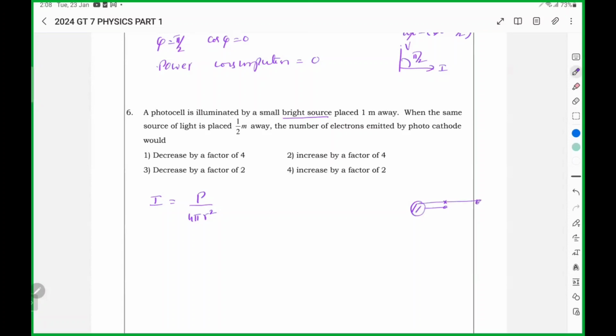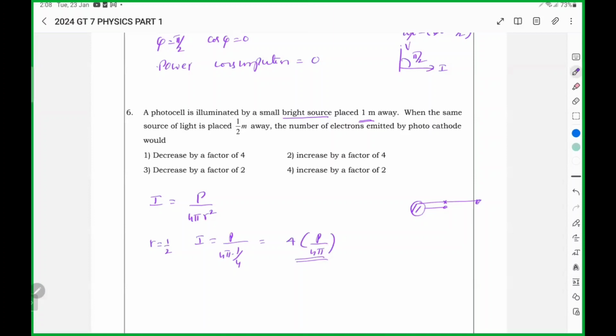As distance decreases, intensity increases. Initially the distance is 1 meter, now R becomes half, so the intensity becomes 1 by 1 by 4, that is, intensity becomes 4 times.